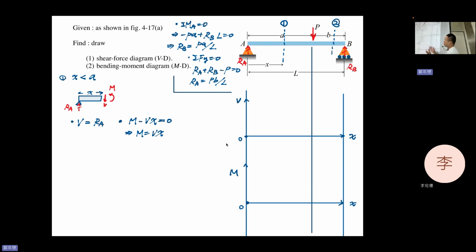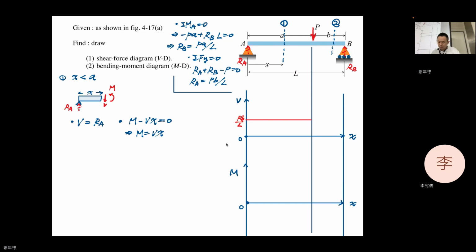Okay, two sections, V and M. So in the first section, x less than a, V equal to R_A equal to P b divided by L. We just learned that. So V is a fixed value. Ta-da. And this one is P b divided by L.